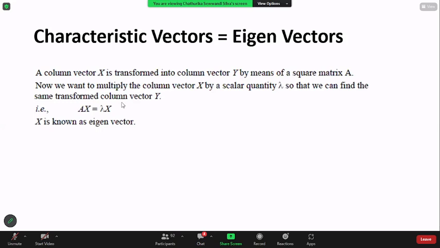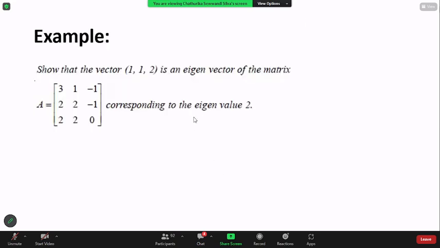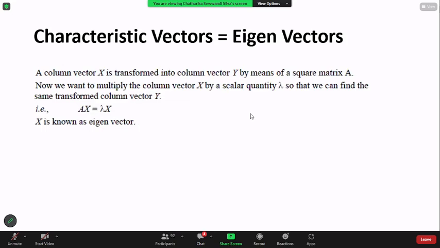So if you look at this question, what they are asking is, find the vector corresponding to the eigenvalue 2.